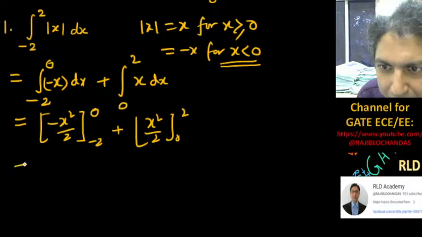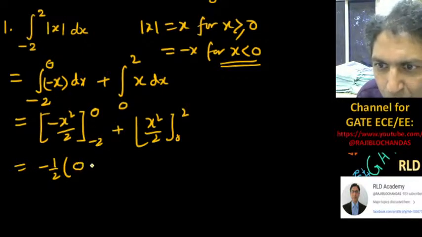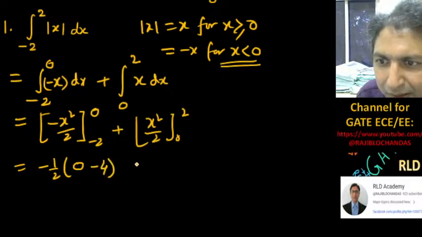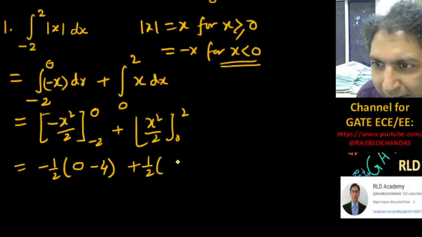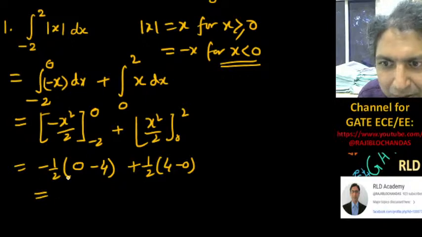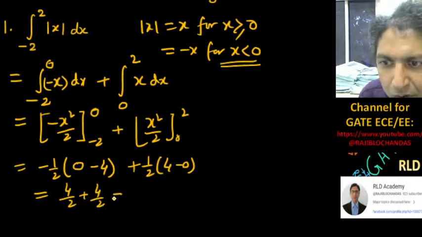If you put the limits, first I will take the minus half outside. At x equal to 0 it is 0, and for minus 2 it is 4, so it is minus 4. And the other one is plus, half outside, 4 minus 0. So this is becoming 4 by 2 plus 4 by 2, total is 4.